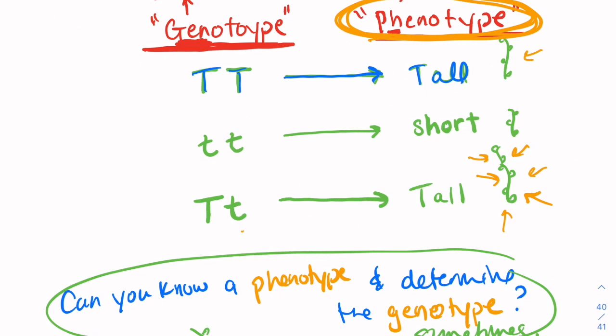There we go. Do you see how this genotype here has 2 dominant alleles, capital T, 2 of the same alleles? Do we have this scenario in any of these other genotypes at all?